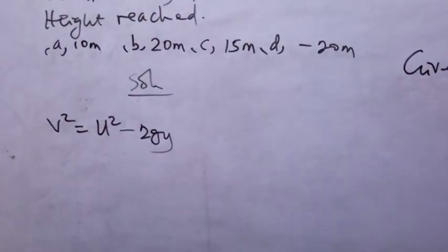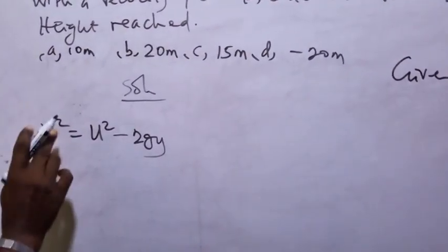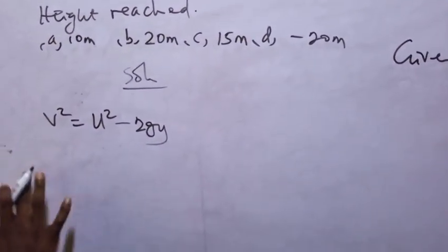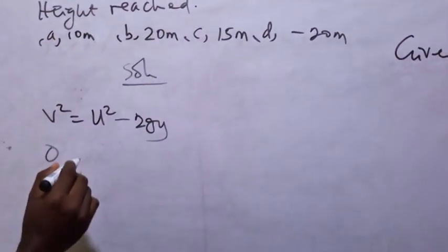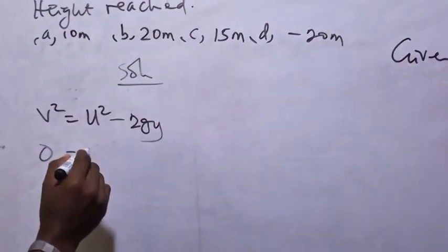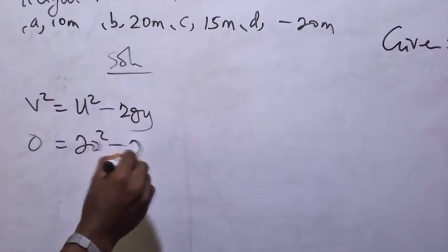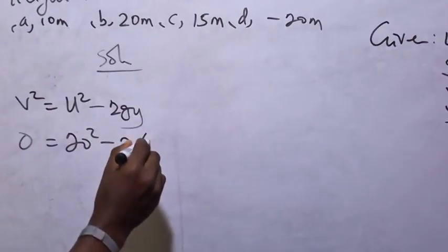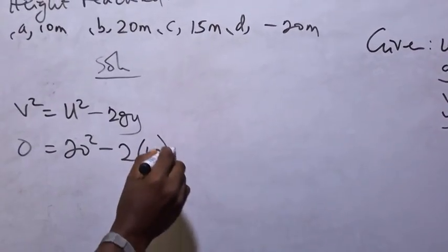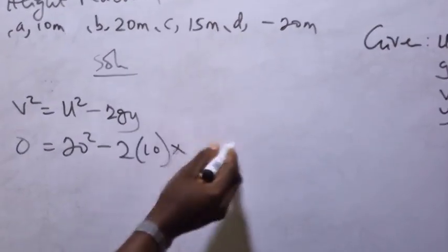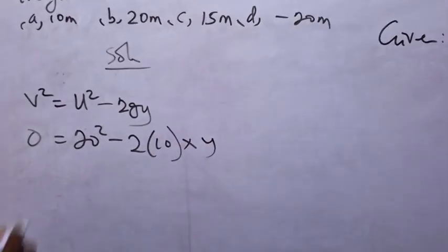Now, if we substitute values into the formula, v squared is not given, so it becomes 0, equals the initial velocity 20 squared, minus 2 times the acceleration due to gravity, 10, multiplied by y, which is the height and which is not given.